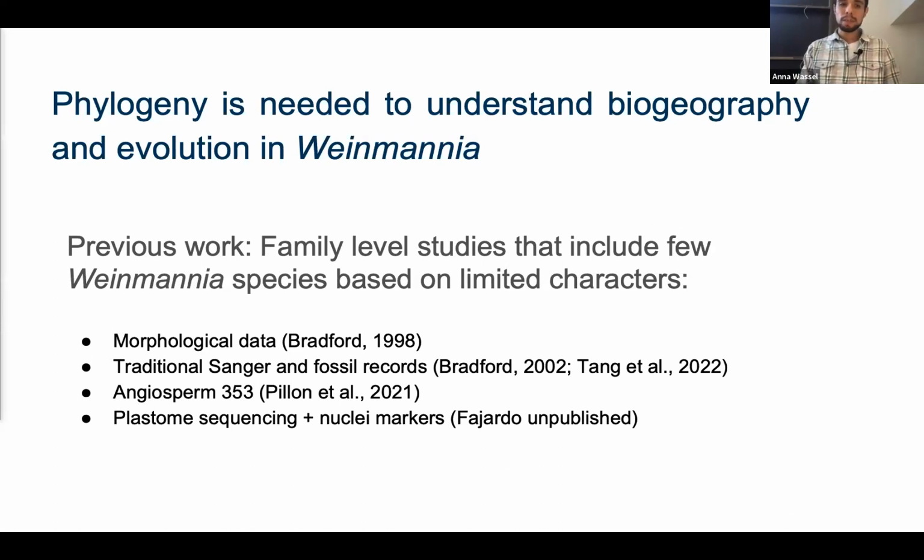Here we have some examples of phylogenetic work based on morphological data, traditional Sanger sequencing and fossil records, a phylogenomic study at family level using Angiosperm 353. And more recently, our collaborator, Francisco Fajardo, is working on plastome sequencing and nuclear markers.